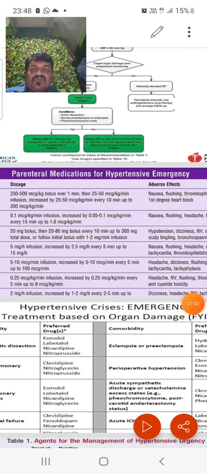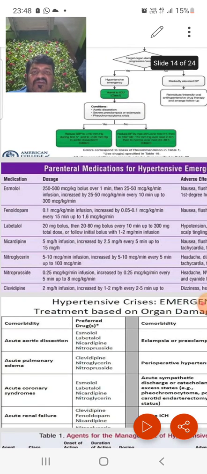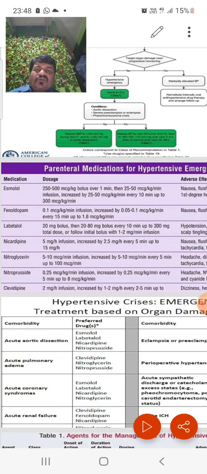The dosages are very clear. The drugs and medications which we are using are esmolol, fenoldopam, labetalol, nicardipine, nitroglycerin, nitroprusside, and clevidipine.